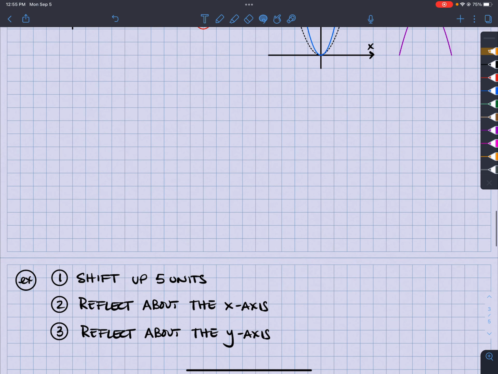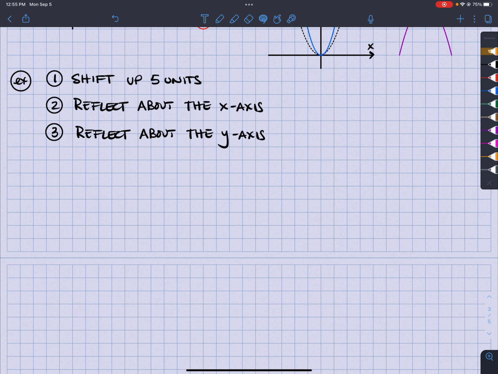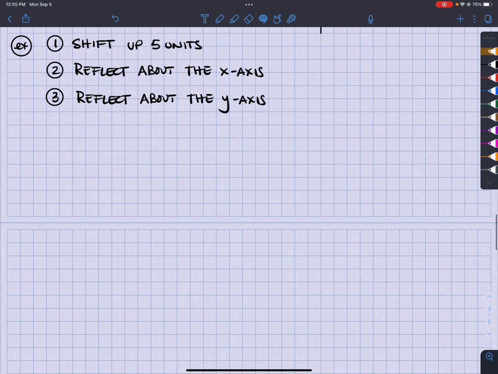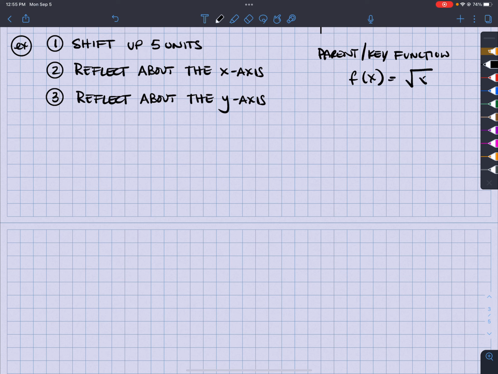So another example that you might get is something like this, right? Where it's going to say, okay, here's the order I want you to do it in. Give me that equation, right? It's a shift up 5 units. The problem is it doesn't tell you that the parent function, or key function, is f of x equals, let's say, the square root of x.